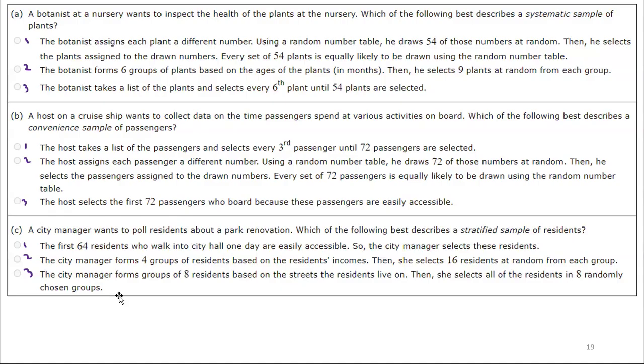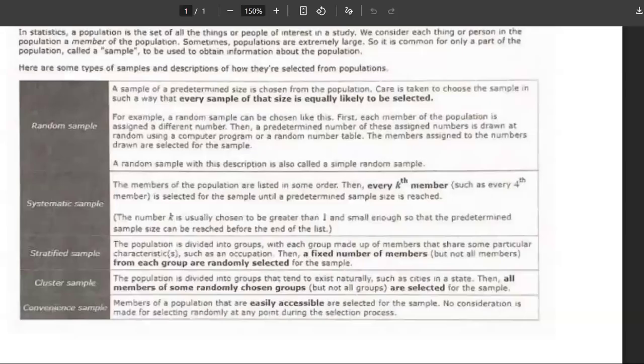All right, for part C, a city manager wants to poll residents about a park renovation. Which of the following best describes a stratified sample of residents? All right, so let's go back to our definitions. So we're talking about stratified sample.